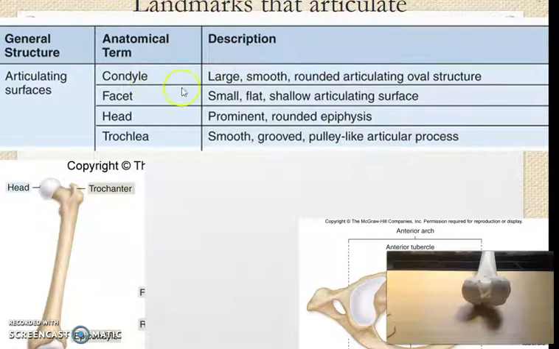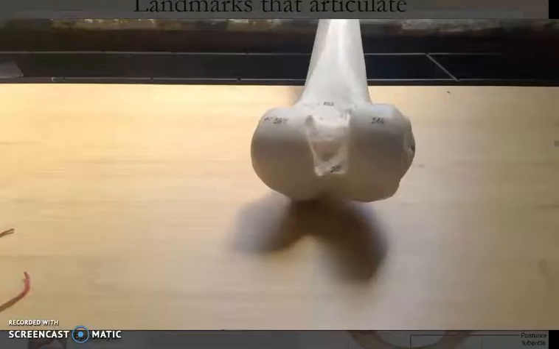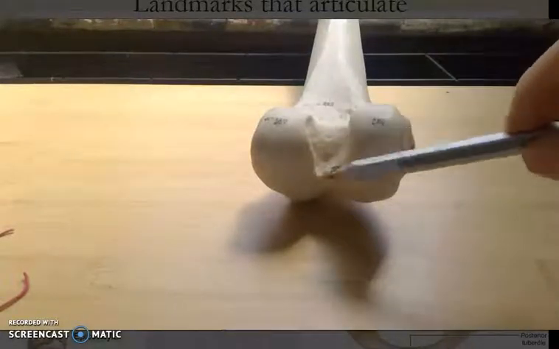Now, a condyle. It is a round, oval. It's smaller than a head. And all the condyles I know of come in pairs. So this is the other end. I'm not sure if you could see my mouse here, but these are condyles, 287 and 284. These are both condyles right here.